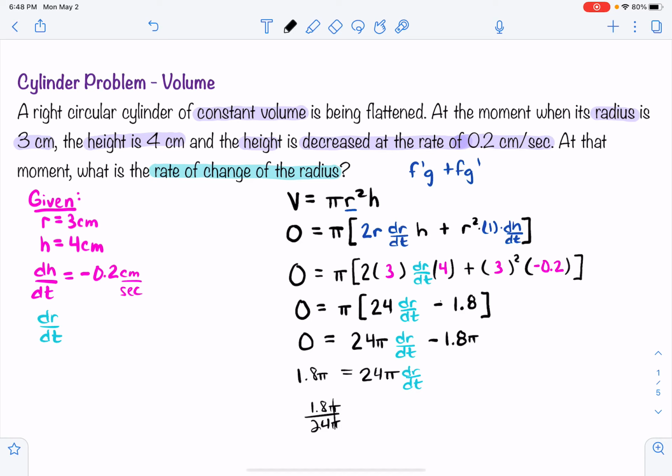Cancel out the pi since it's pi divided by pi. And so therefore, if I plug in 1.8 divided by 24 into my calculator, I get 0.075 centimeters per second.